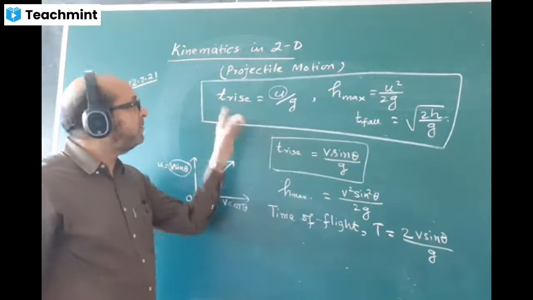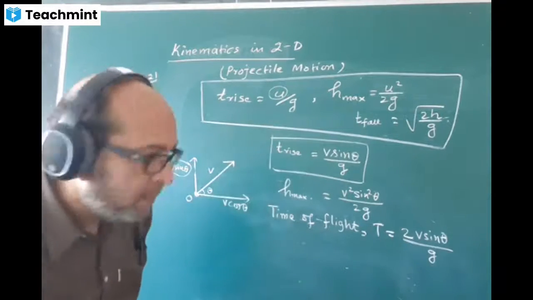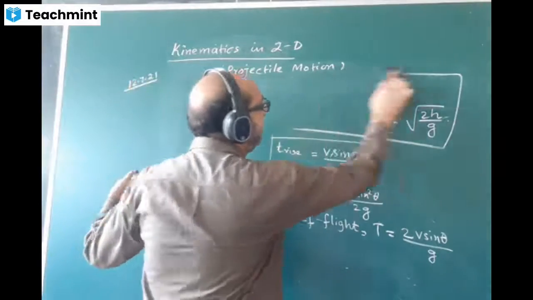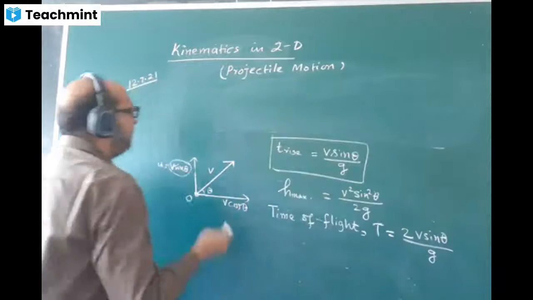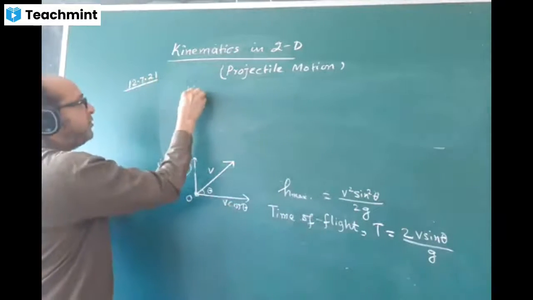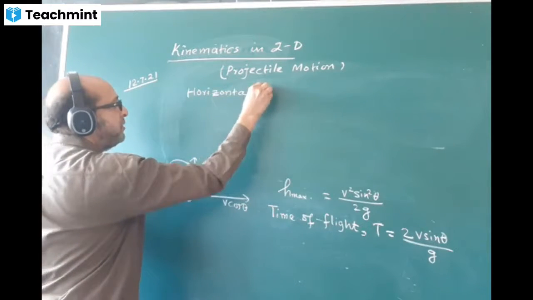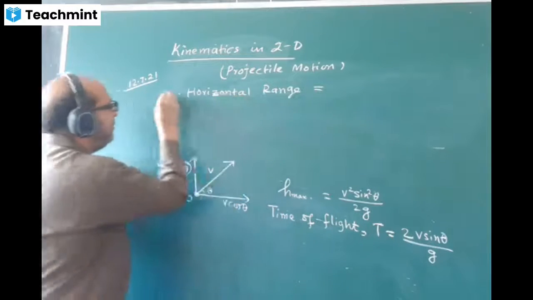These are the formulas exactly on the same basis we are deriving. Now I will find the horizontal distance covered by the body. That is called horizontal range. We are considering the horizontal motion.